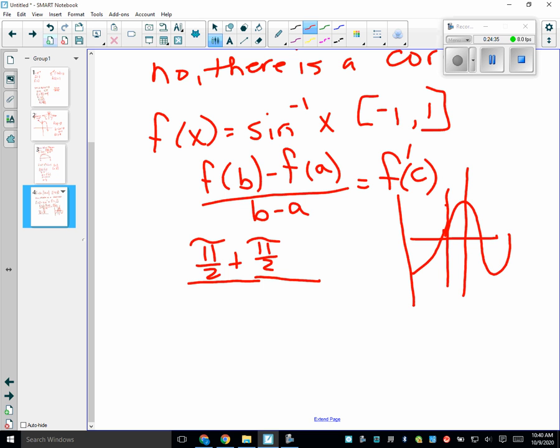What is b minus a? One. Oh, sorry. Two. 2. Come on, guys. So, it has to equal, what is the derivative of inverse sine? 1 over the radical of 1 minus u squared, times the derivative of u, 1. So 1 over the radical of 1 minus x squared.